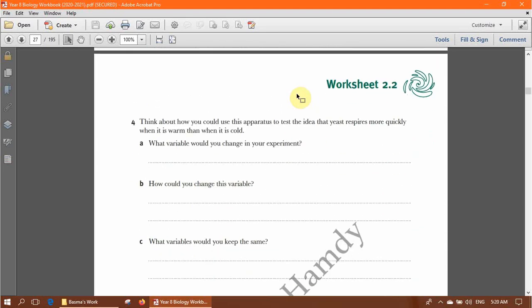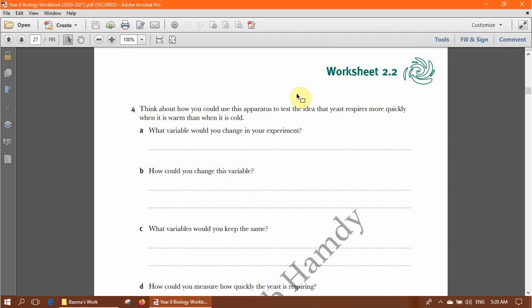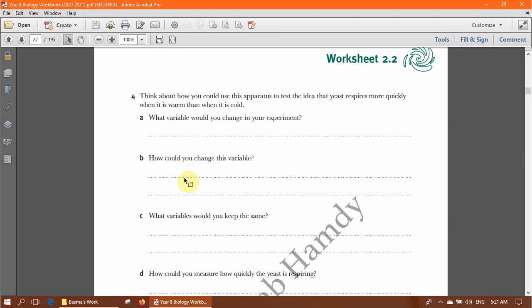Then think about how you could use this apparatus to test the idea that the yeast respires more quickly when it's warm than when it's cold. So what are you changing in this experiment, warm and cold? So you're changing the temperature. How could you change this variable?